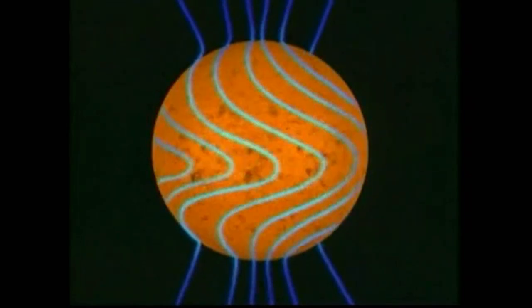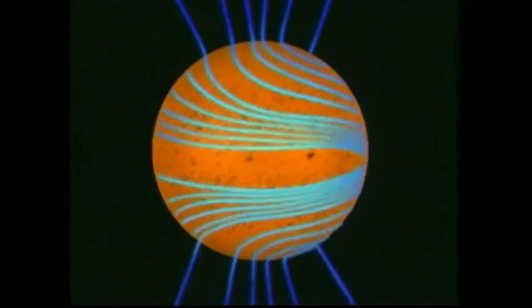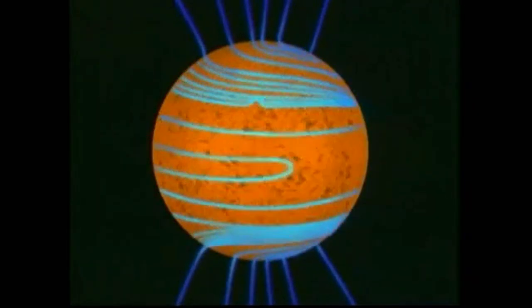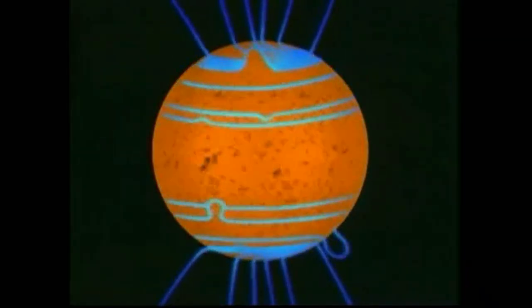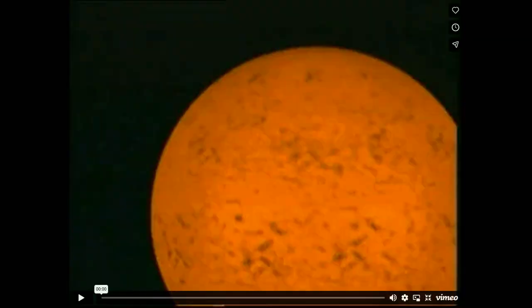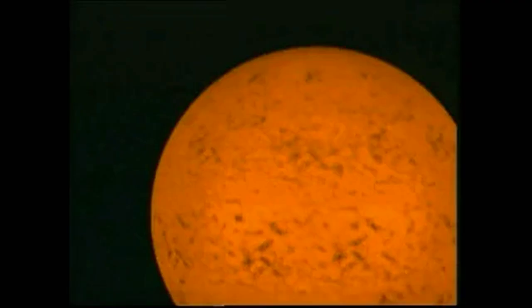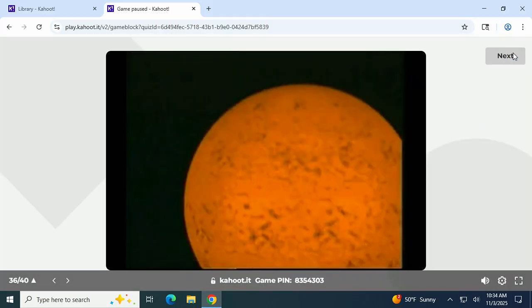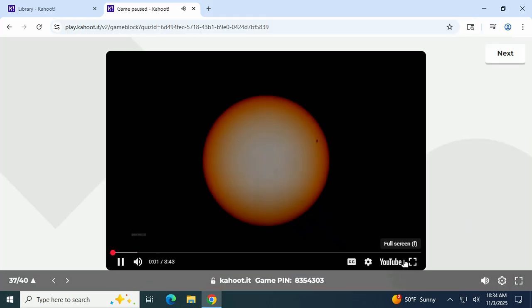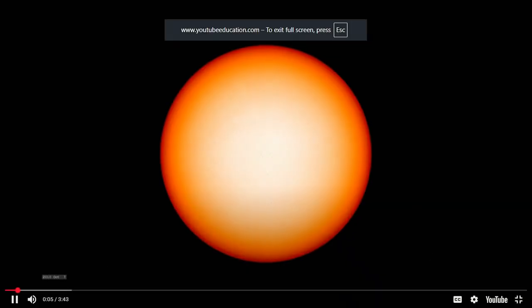So here's the magnetic field lines, and then they start to basically wrap around themselves as the sun is rotating, and then it basically goes haywire from a nice, well-behaved system. And so here's a couple of longer simulations.